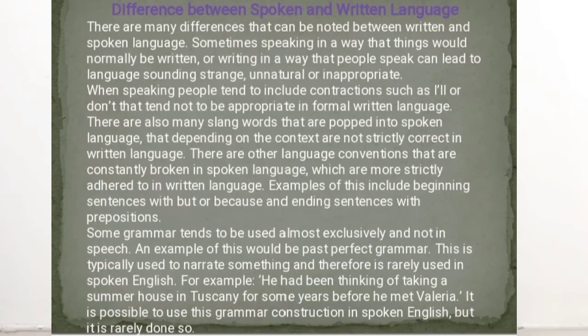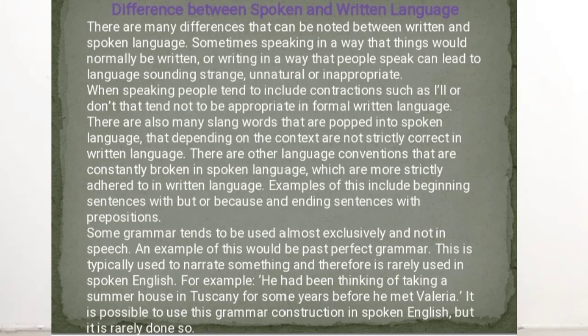Now we will glance at the difference between spoken and written language more clearly, with broader aspects. There are many differences that can be noted between written and spoken language. Sometimes speaking in a way that language would normally be written, or writing in a way that people speak, can lead to language sounding strange, unnatural, or inappropriate.